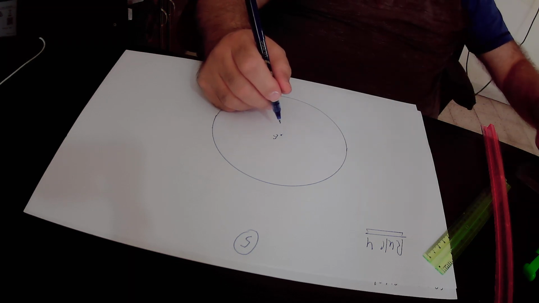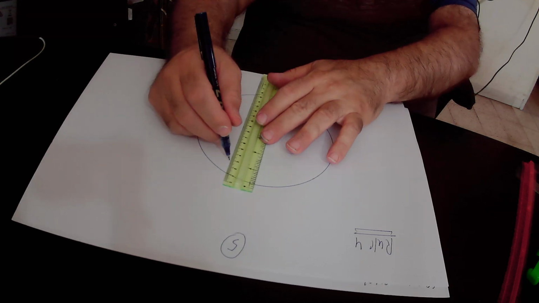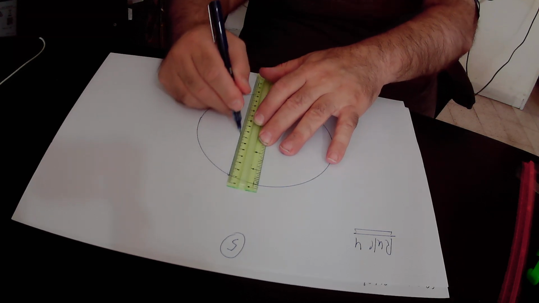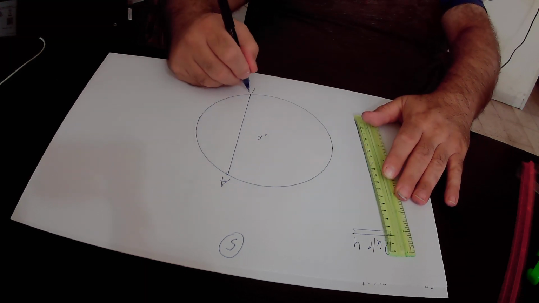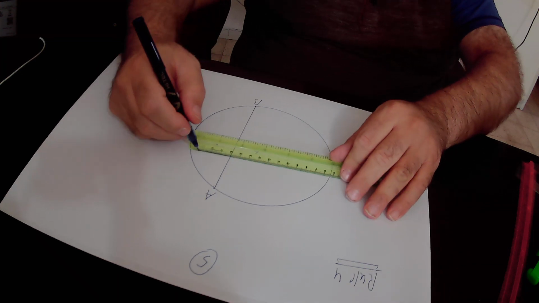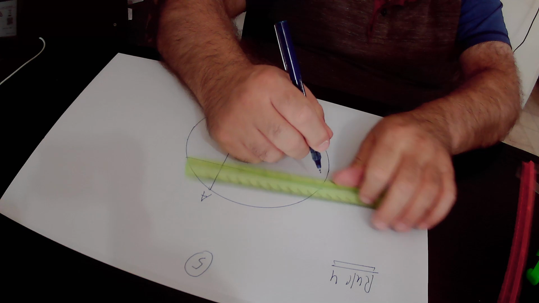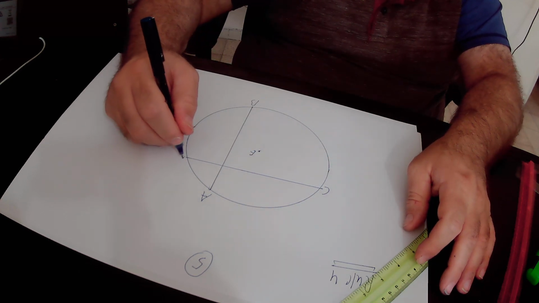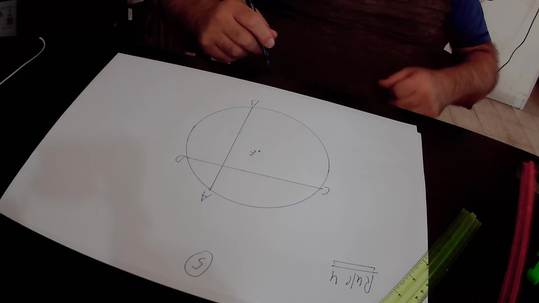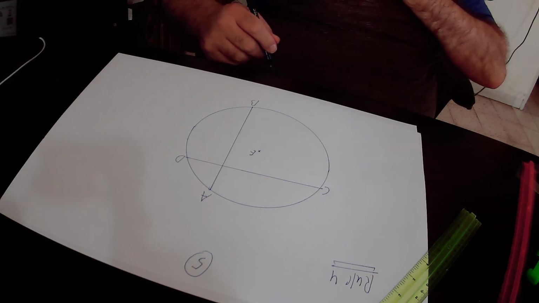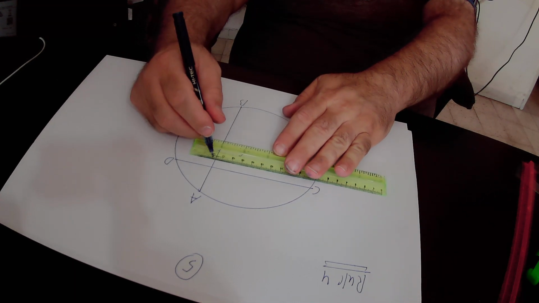So we have two chords that are perpendicular to each other. We have chord AB is perpendicular to chord CD. That is to say, they create between them at the intersection point 90 degrees.